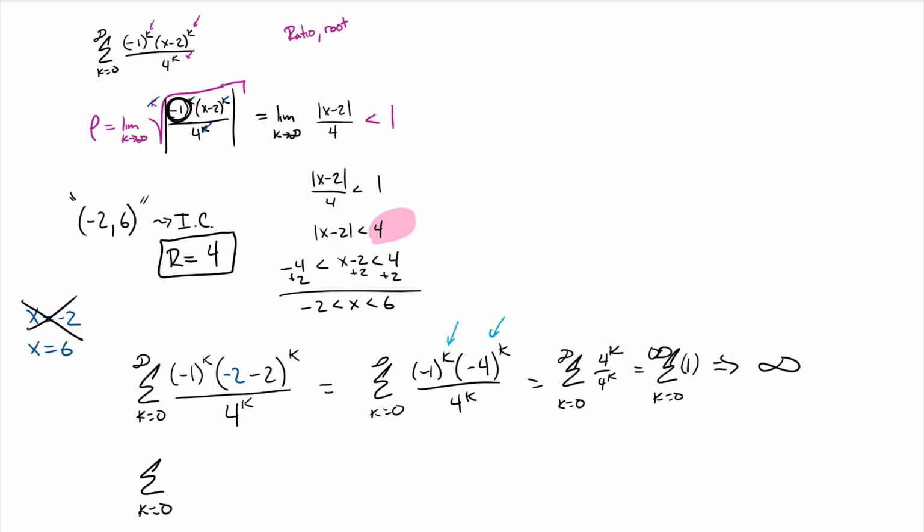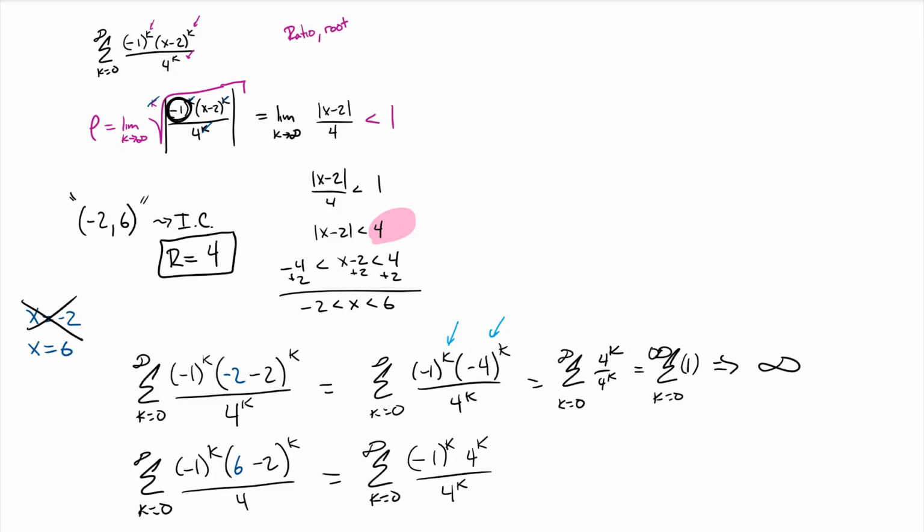Next, we're going to do the same process again, but with 6. Here, the sum is k equals 0 up to infinity. Now we have -1 to the k times 4 to the k, all over 4 to the k. What's that going to be? The 4 to the k's go away.